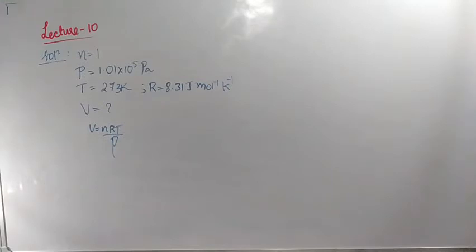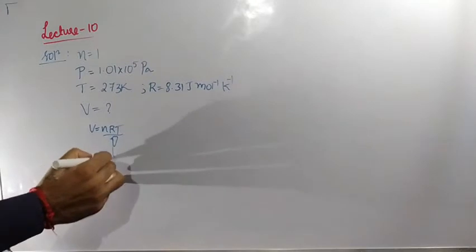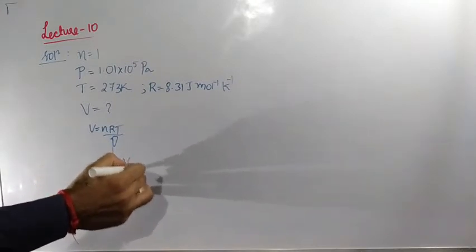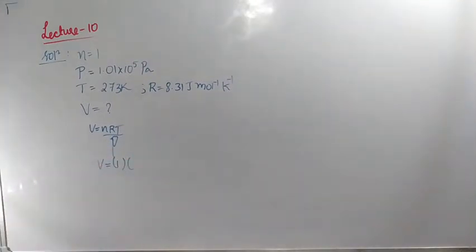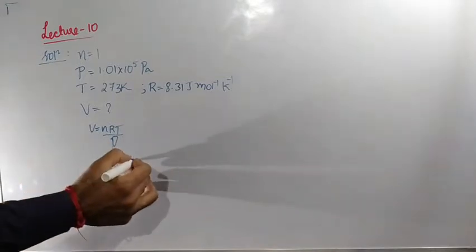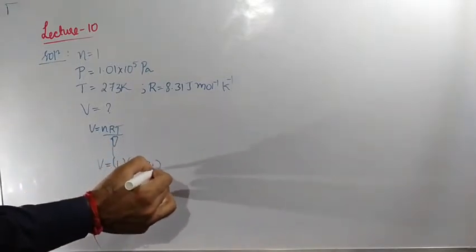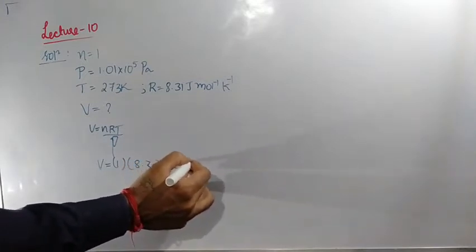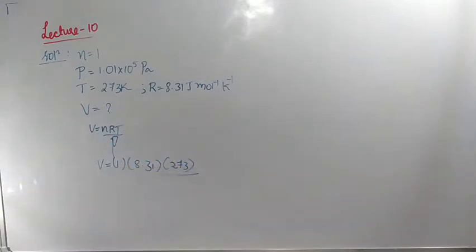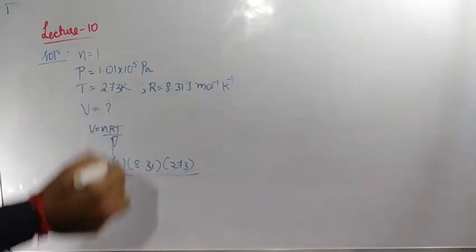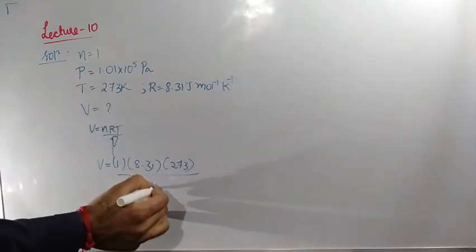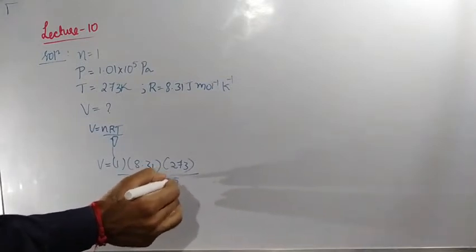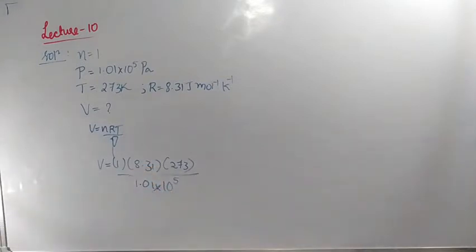The n value is 1. So V is equal to 1, the R value 8.31, temperature T 273, whole divided by the P value 1.01 into 10 to the power of plus 5.